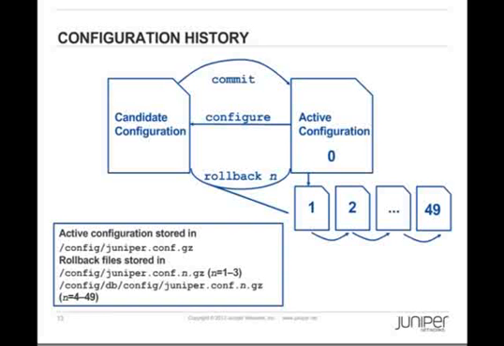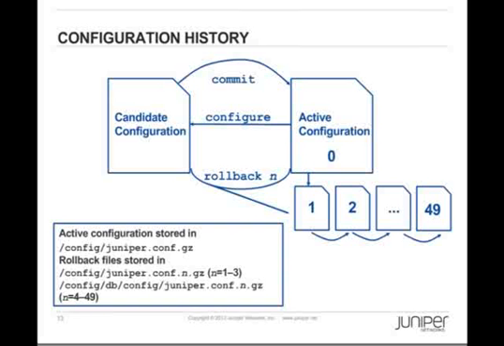So the active configuration is 0. You've made changes, et cetera. You still haven't committed. You've now created a candidate configuration. Then you type commit, enter, and Junos will go through and check everything, make sure everything's okay, and then make that candidate configuration the active configuration.